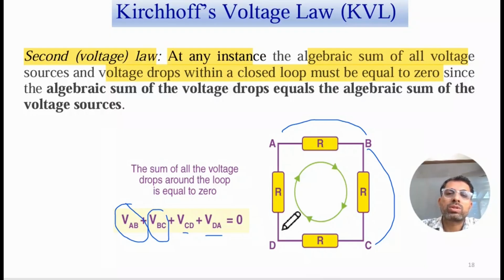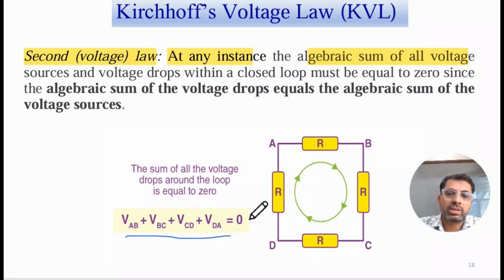And if voltage sources are present here, for example some plus-minus volts given here, then you can consider that also. The algebraic sum of the voltage drops equals the algebraic sum of the voltage sources. If there is a voltage source, you can write it over. So this is your KVL.